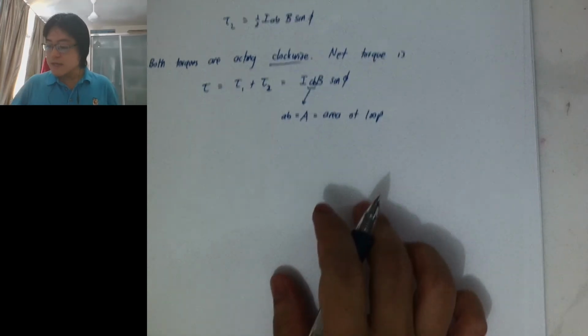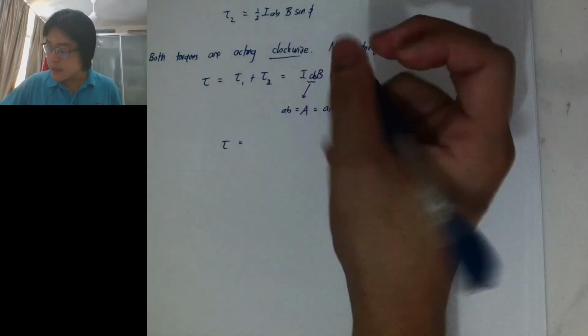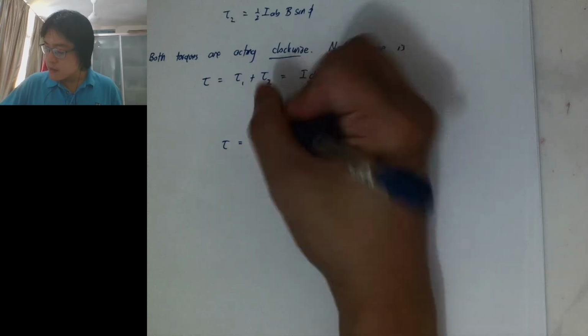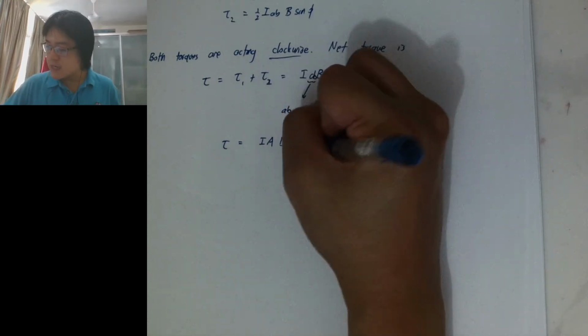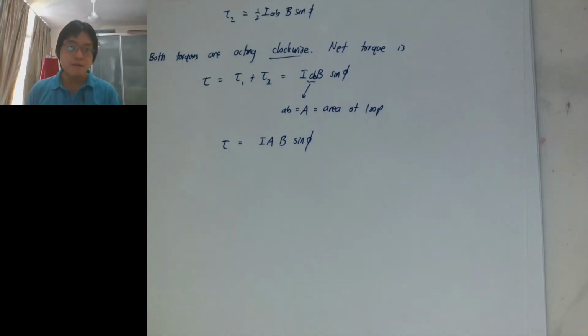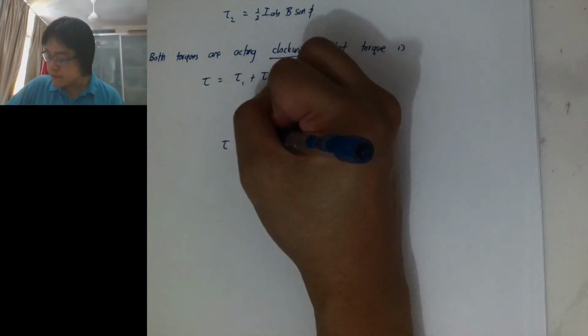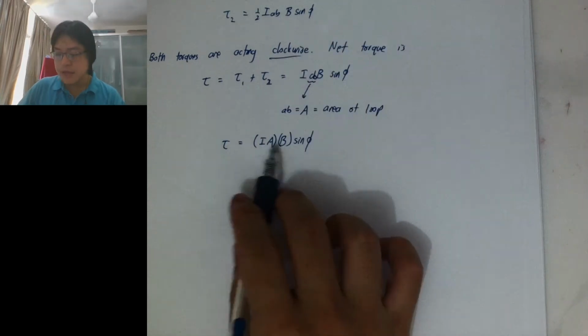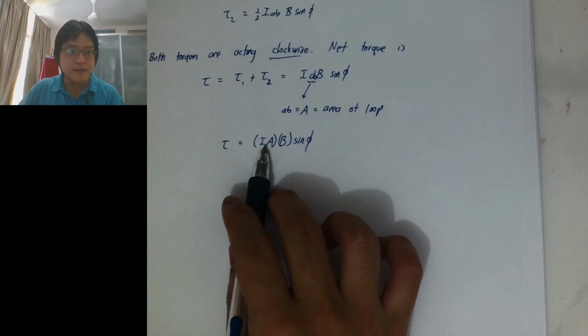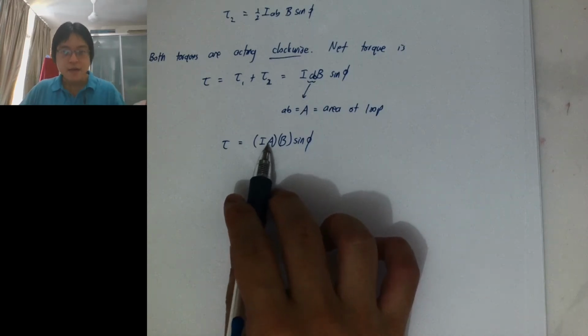So this formula looks like the magnitude of a cross product, right? A cross product between what vectors? Well, B is one vector. IA, is there a vector associated to IA? Yes, especially A, right?